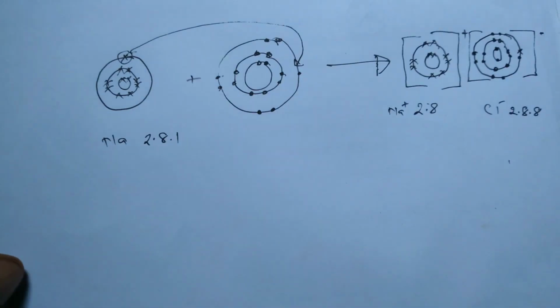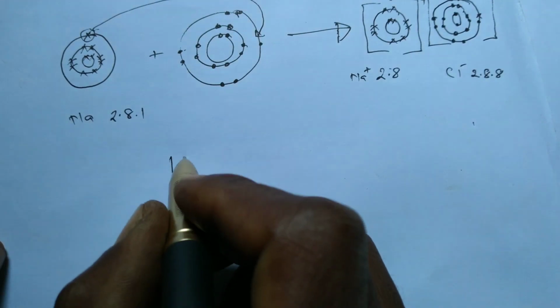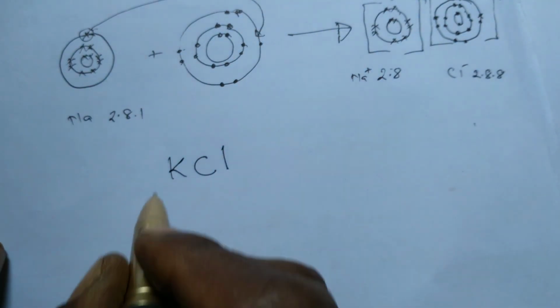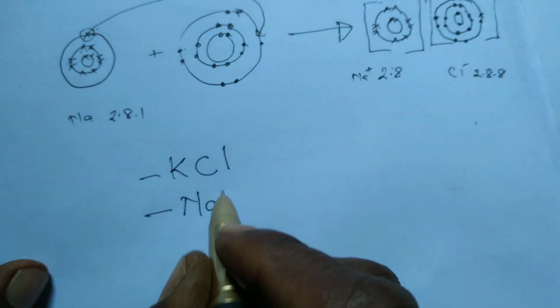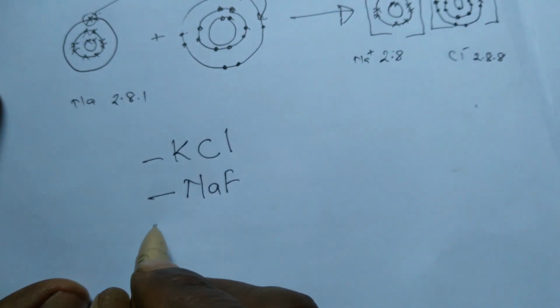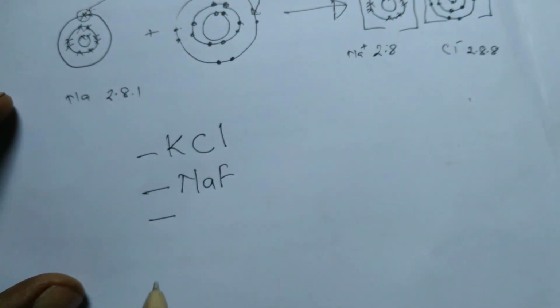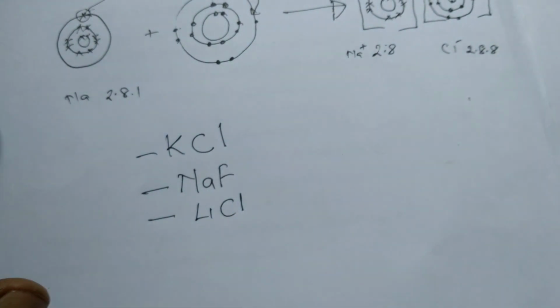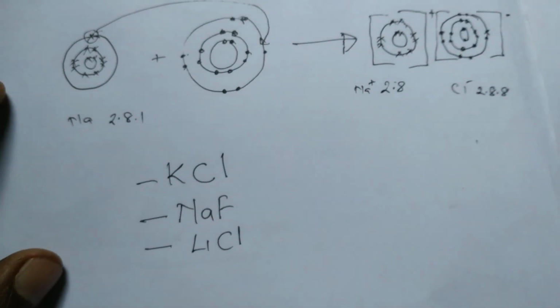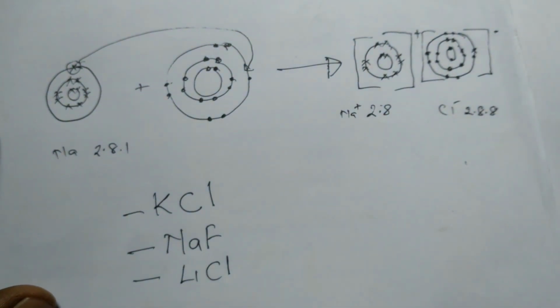You can practice on the following if you get time: potassium chloride. Then also try to draw that kind of structure for lithium chloride. You can try that in your own time and see if you can draw a similar structure or bond of this caliber.